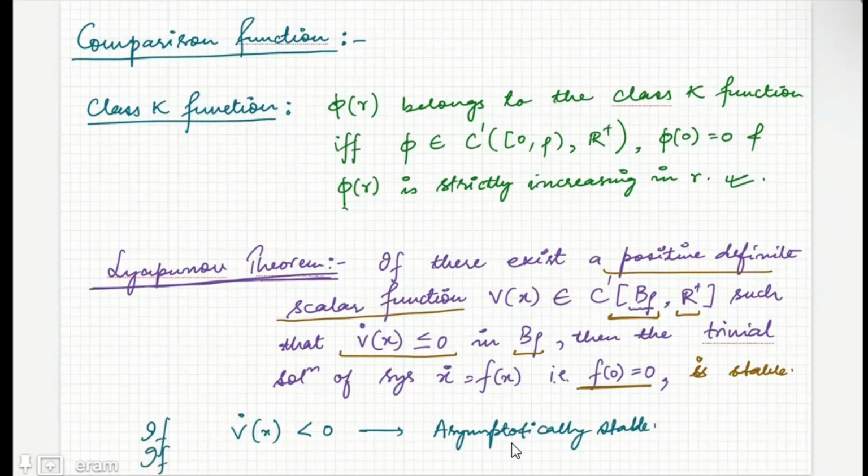And if the derivative is greater than 0, that is, if it is positive definite, then the system will be unstable.